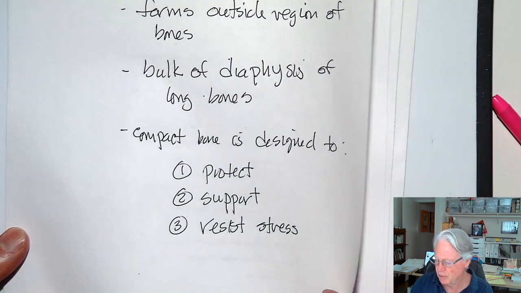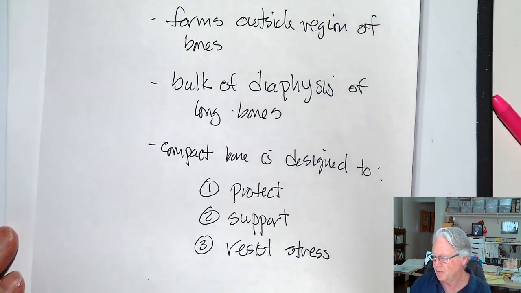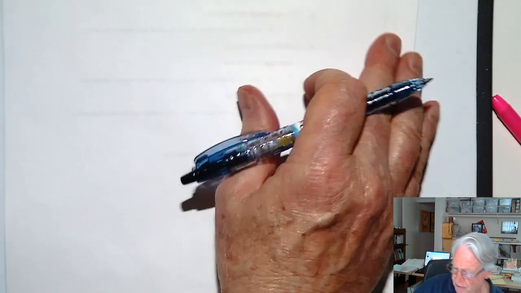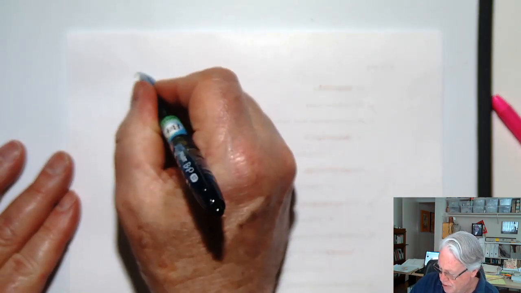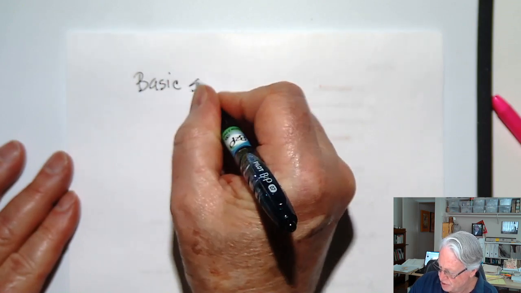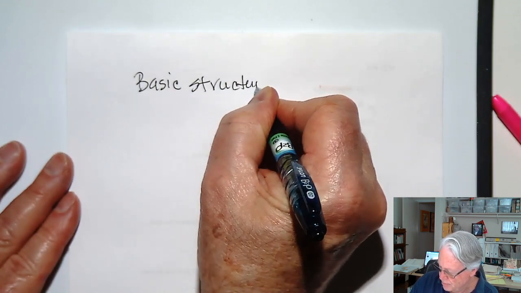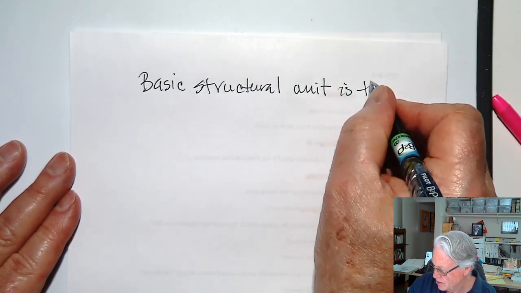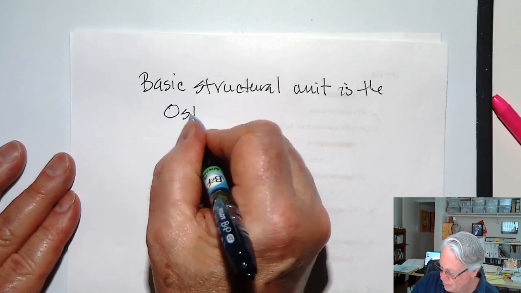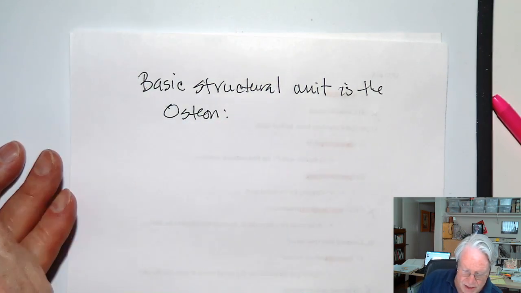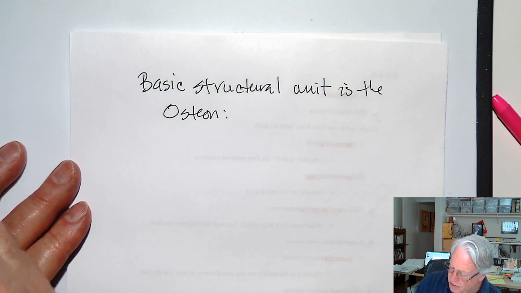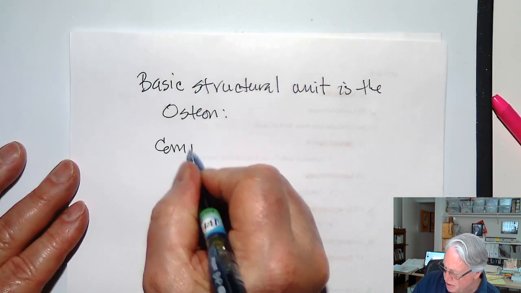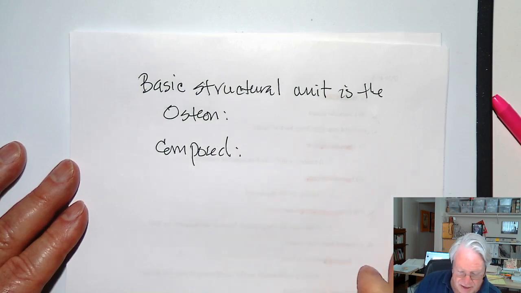As we already know, the basic structural unit of compact bone is the osteon. It is composed of a number of structures.